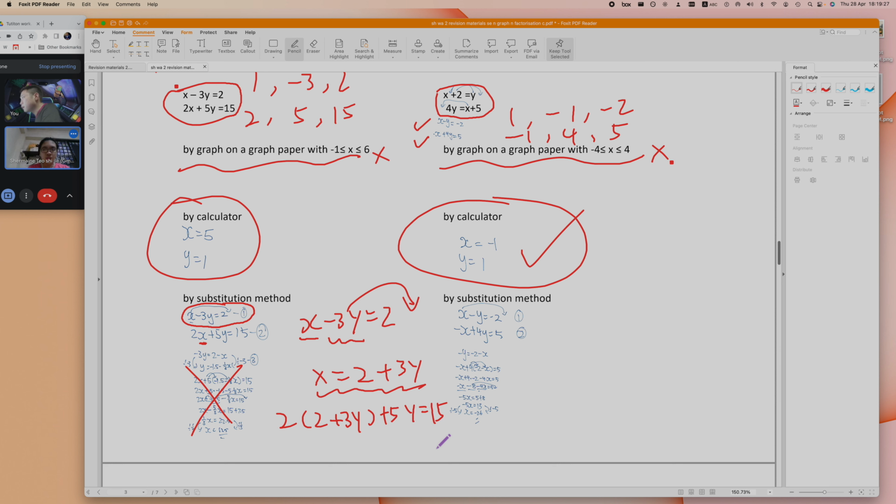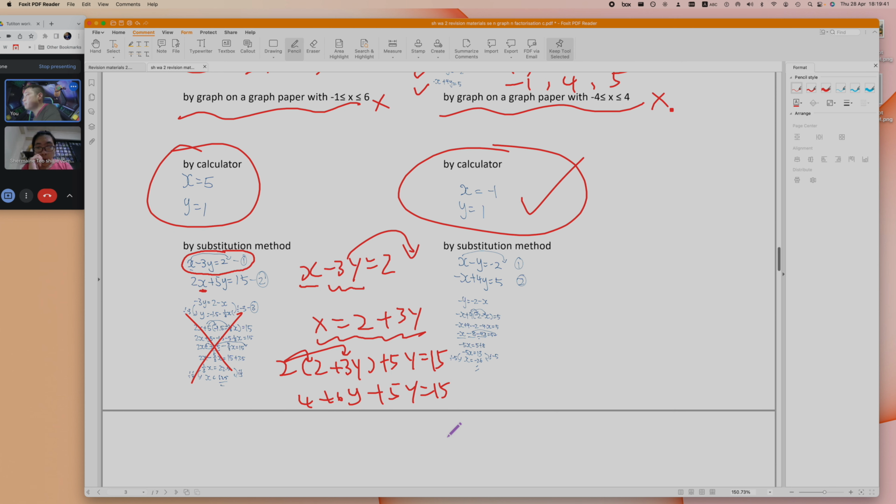This one is 15. Does it make sense? Then you open a bracket. So you need to choose, not blindly, because if you choose blindly, then your answer will be blind. Are you clear? That's how you get y equals 1.